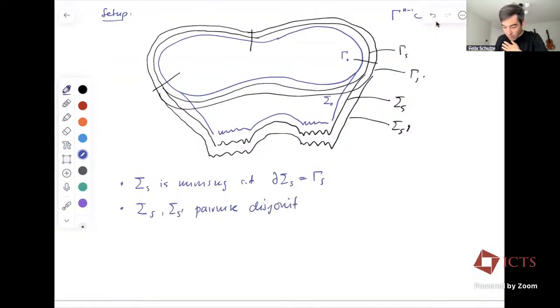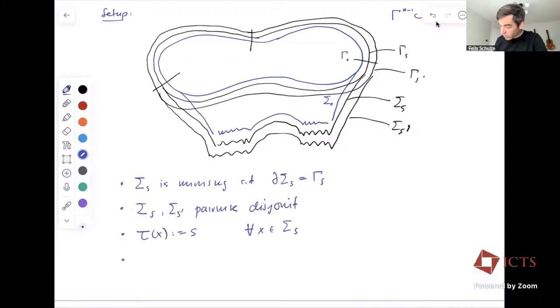And then we looked at the following parameter function, this timestamp function, tau of x. We define it as being s for all x in sigma s. Now we look at this combined singular set.